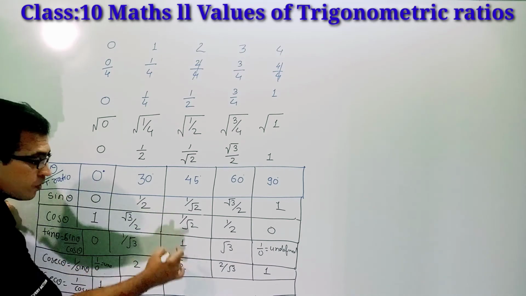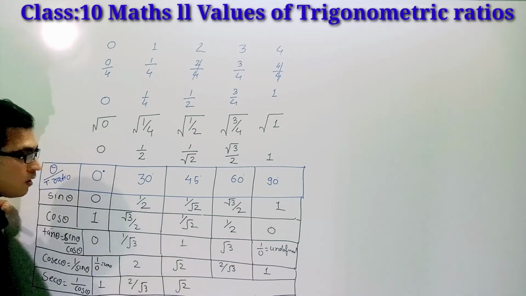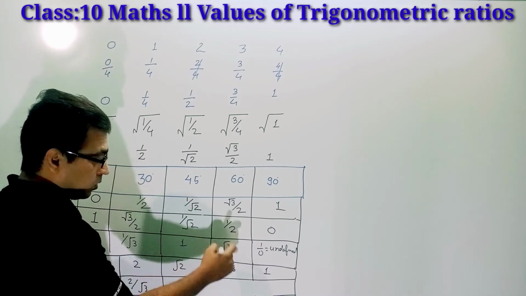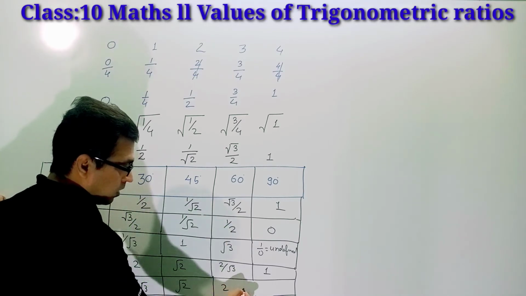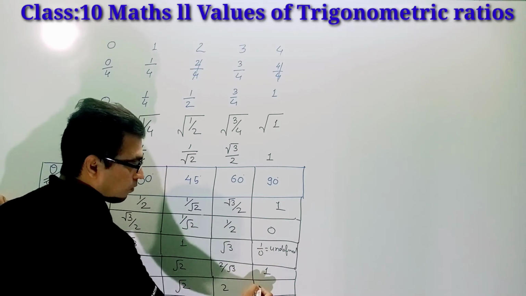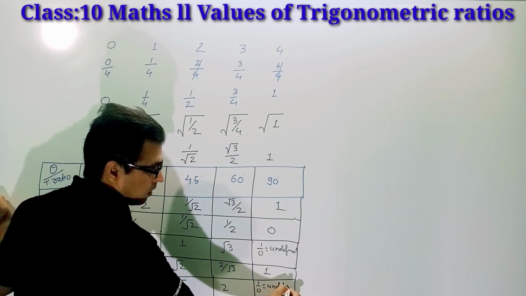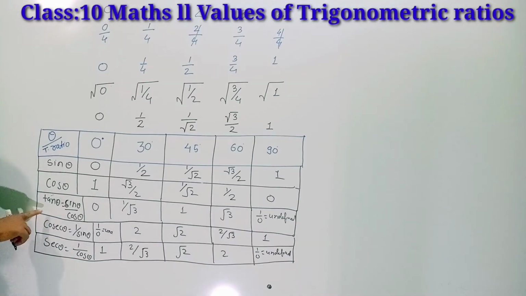The reciprocal of 1 by root 2 is root 2. The reciprocal of 1 upon 2 is 2. And the reciprocal of 1 upon 0 is again undefined terms.